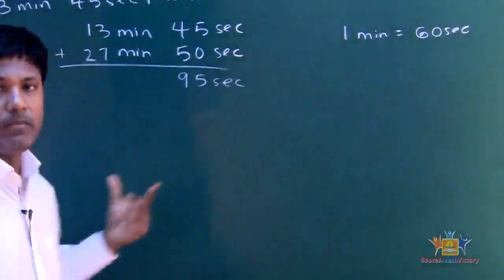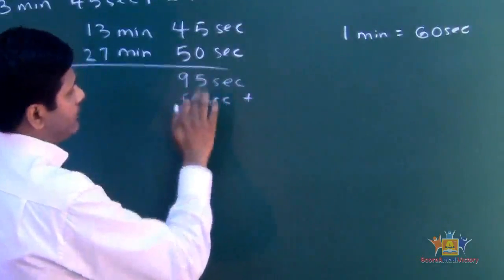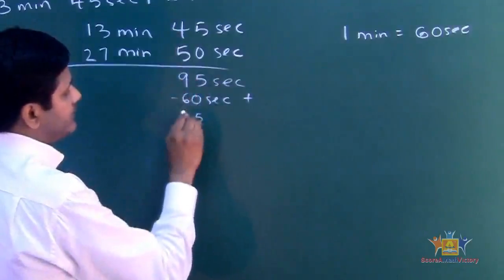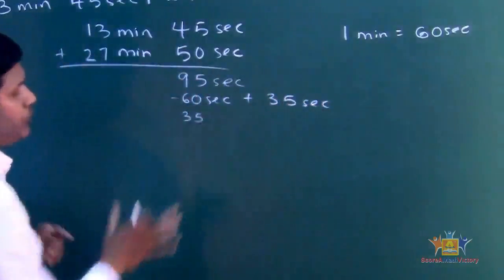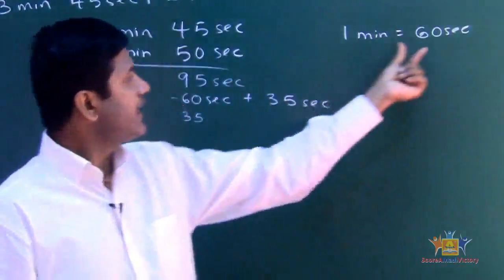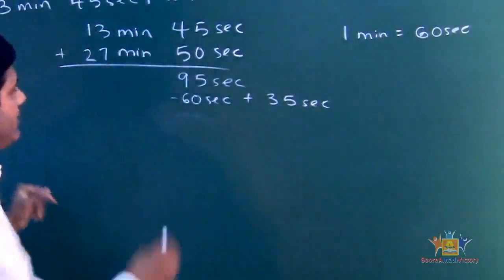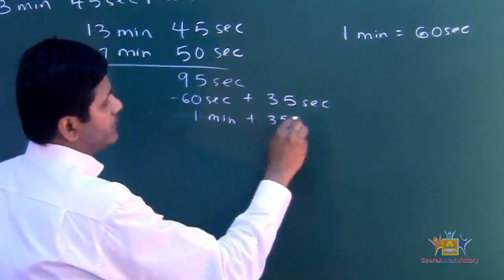I can break this into two parts: 60 seconds plus 35 seconds. The 60 seconds I can turn into 1 minute. So that means 1 minute and 35 seconds.